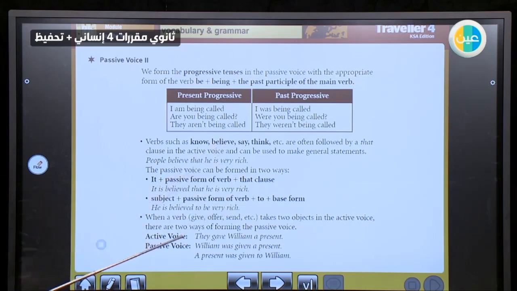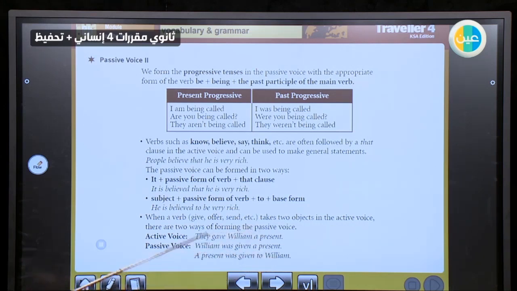For example, here we have some verbs like give, offer, send. We have two objects here. They gave William a present. So here we have William, the first object, and present, the second object. So we have two objects in this sentence. We have to change it to passive voice. William was given a present. Or I can say a present was given to William.